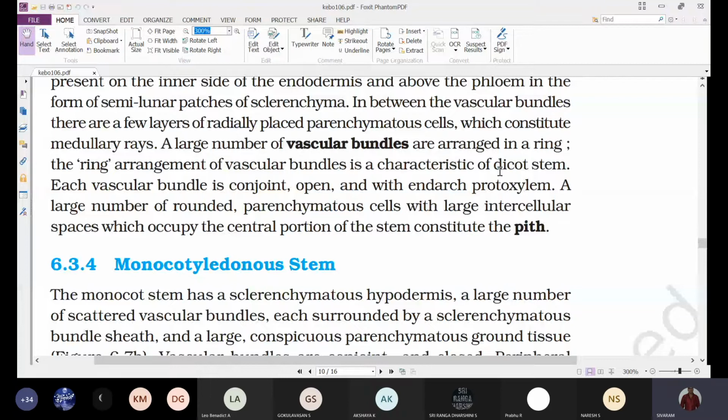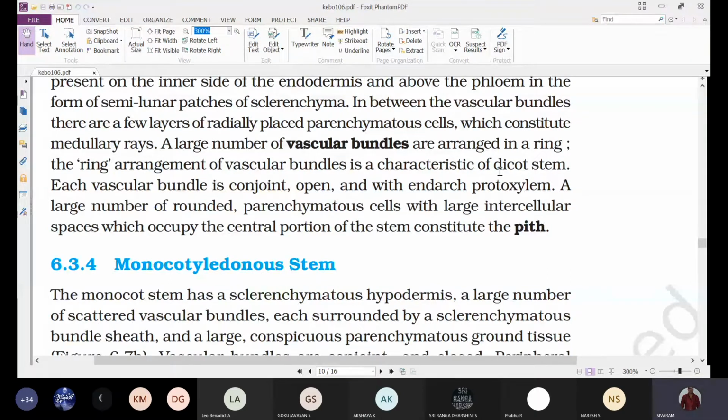If the protoxylem is present towards the inner side, that is towards the pith, we call it endarch protoxylem. So each vascular bundle is conjoint, open, and with endarch protoxylem.